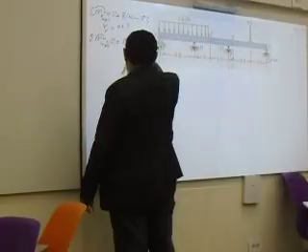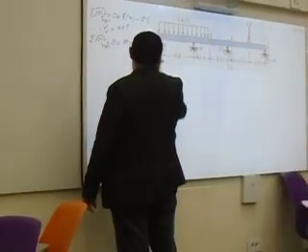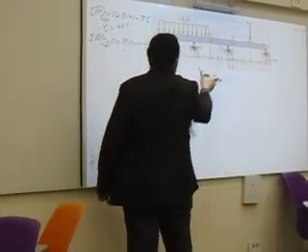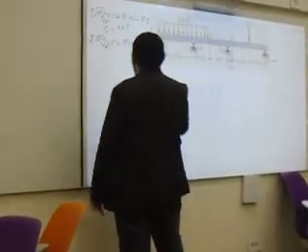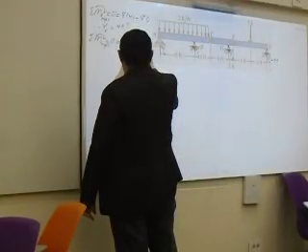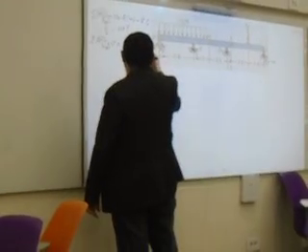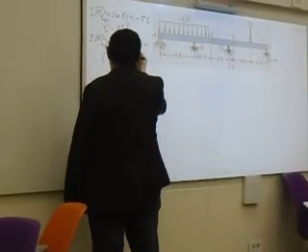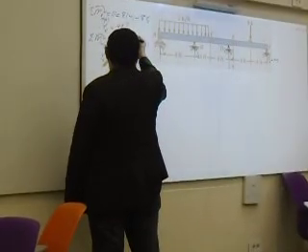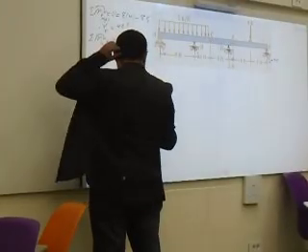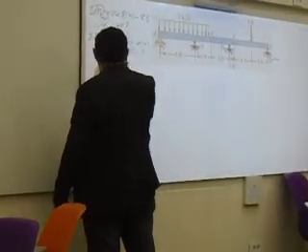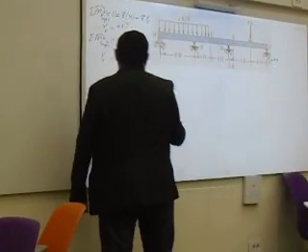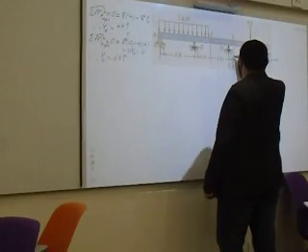So minus 4 times 14, minus 4 times YD, equals 0. Therefore, YD equals, 20 minus 14, is what? Is equal to 6 kips up. So this is 6 kips.